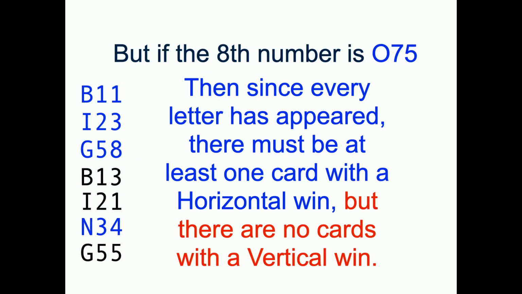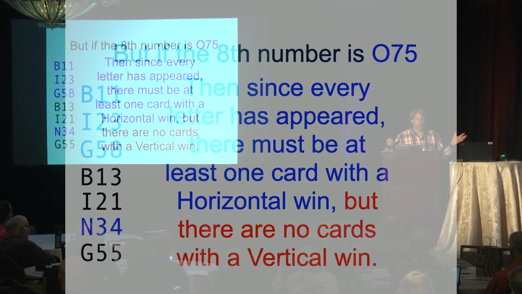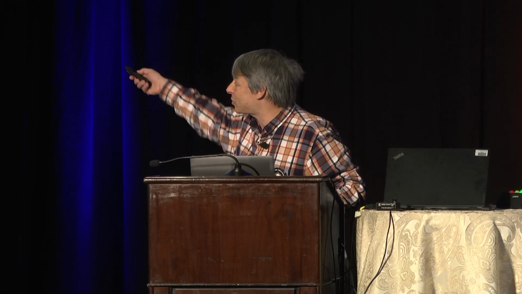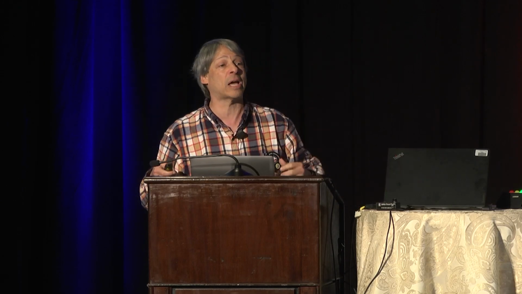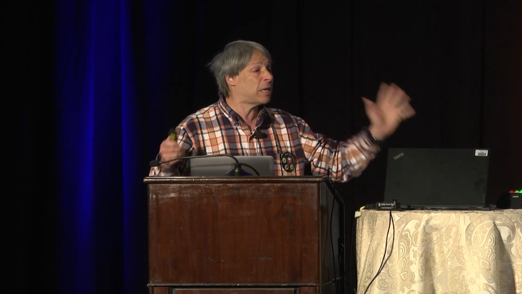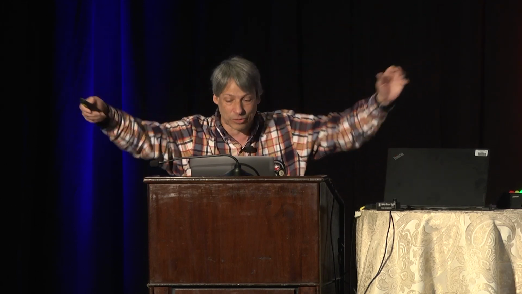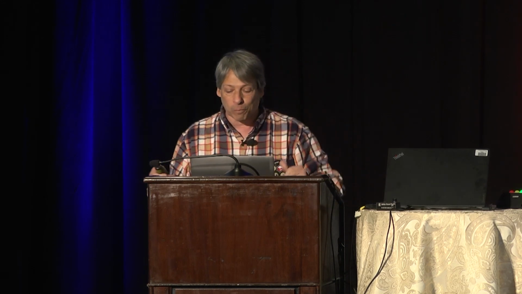Now that every letter has appeared, there has to be at least one card with a horizontal win, but there's still no card with a vertical win. So in galactic bingo, this sequence would generate a horizontal win on the 8th draw. A horizontal bingo occurs as soon as all 5 letters appear. A vertical bingo occurs as soon as some letter appears 5 times.